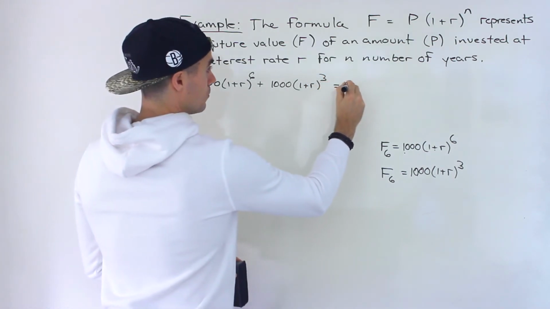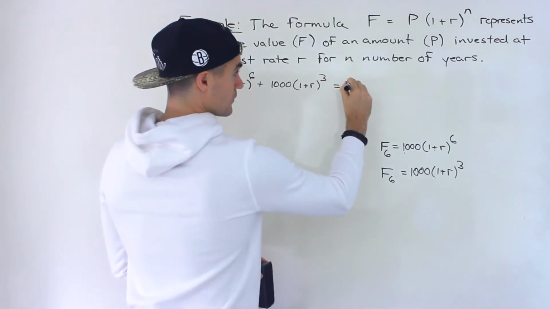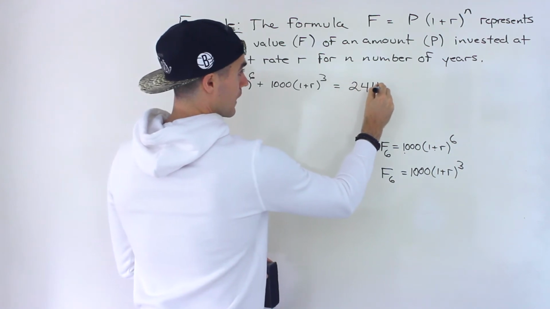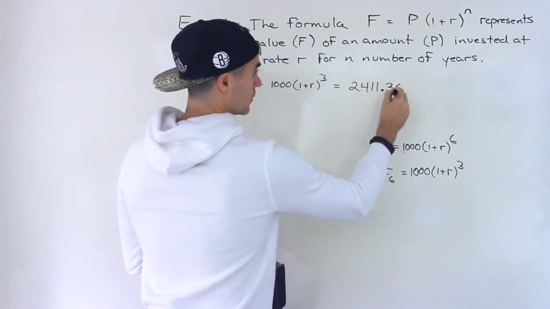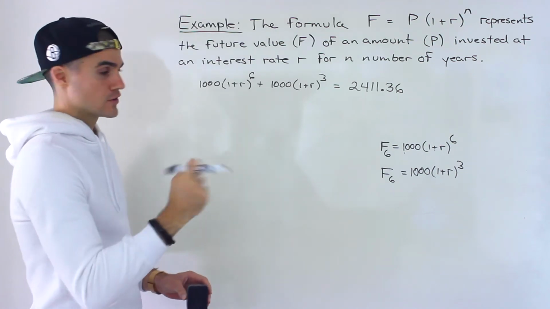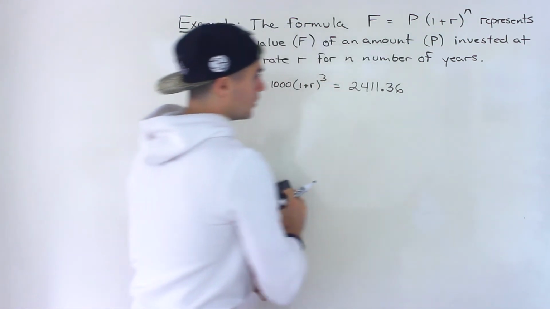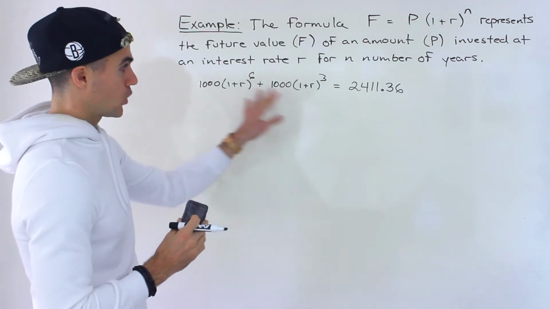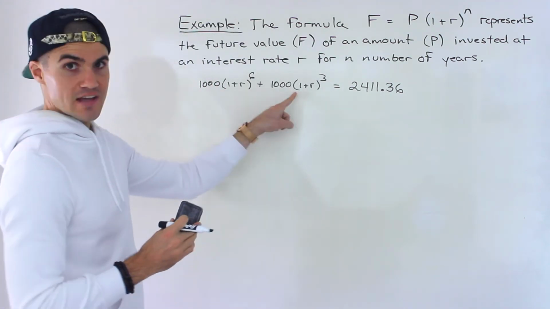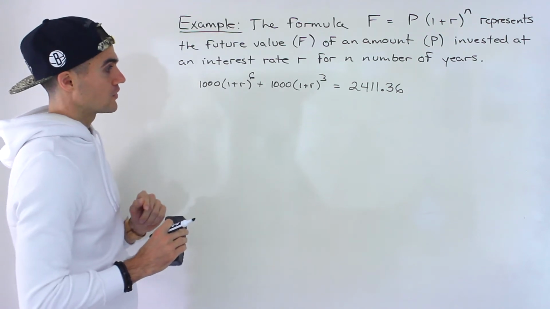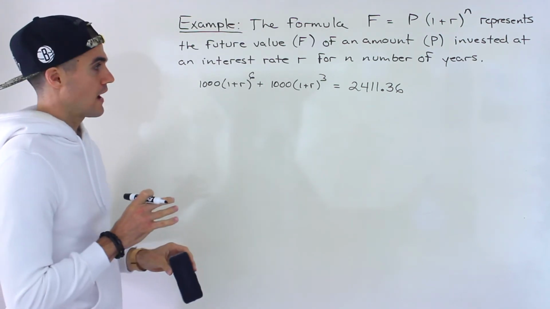The sum of that has to equal the future value of the total account, which is $2,411.36. Now we have an equation, and we just have to solve for that r value. The question is, how are we going to do that?